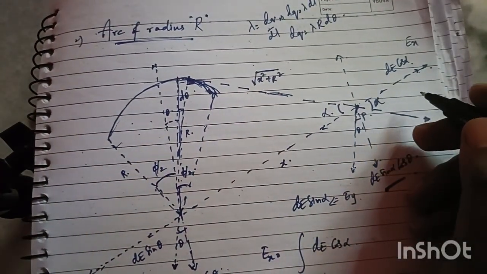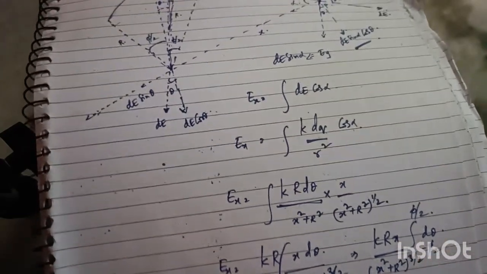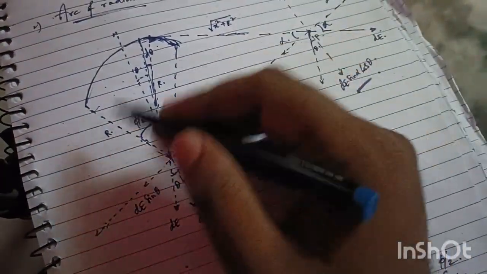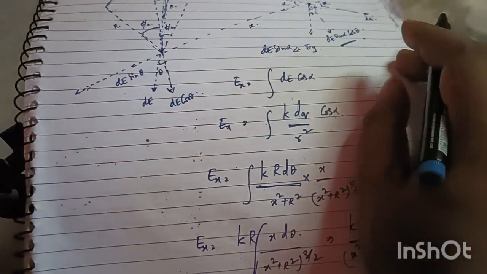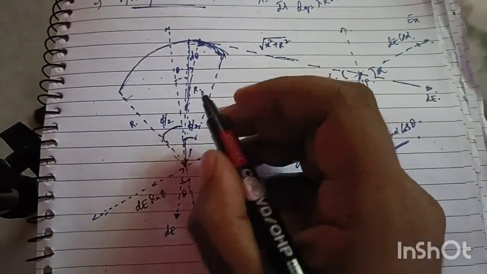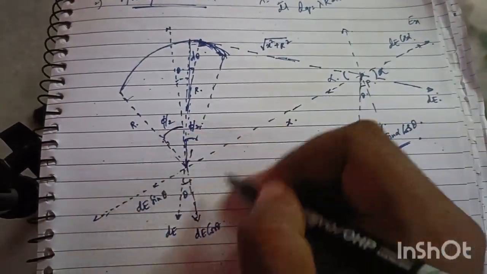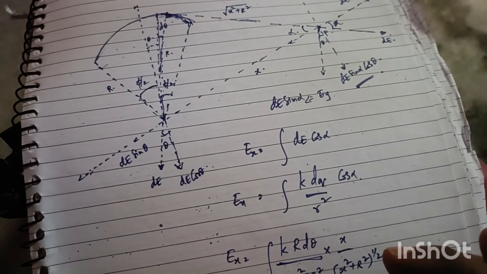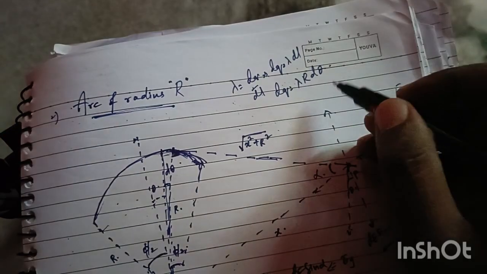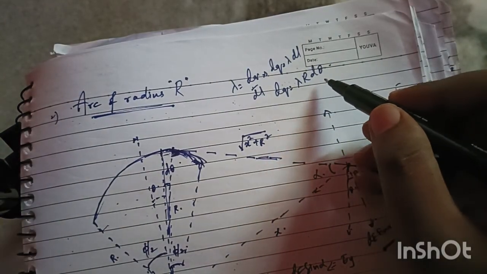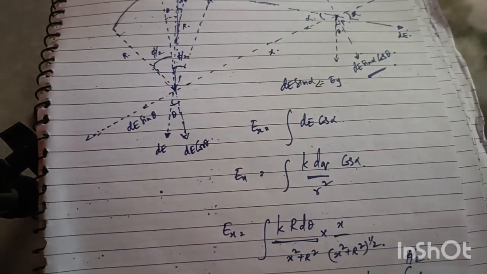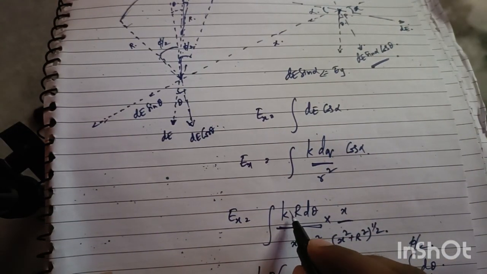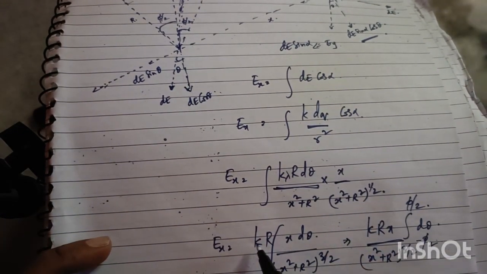This makes sense. For example, if I consider the total ring, our angle φ would be the total 2π. The small charge here is λ r dθ, that is, dq is λ r dθ, so there's a λ term here.